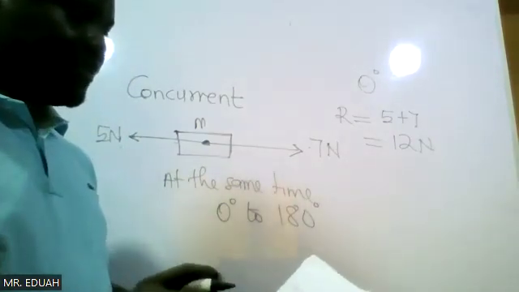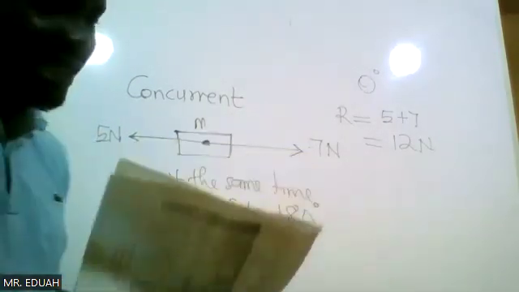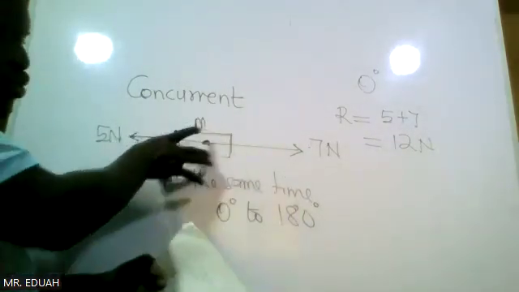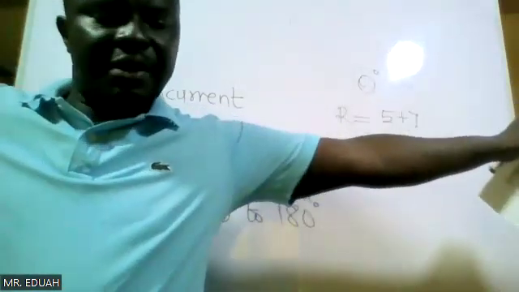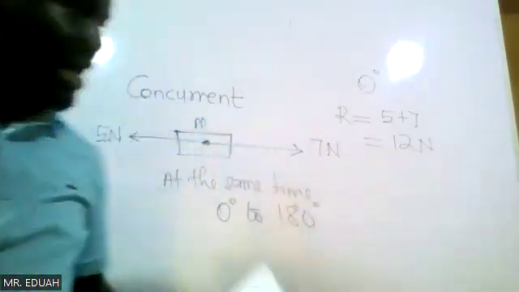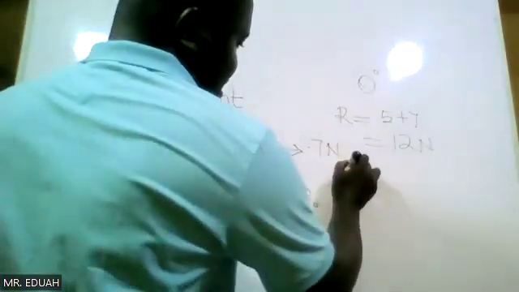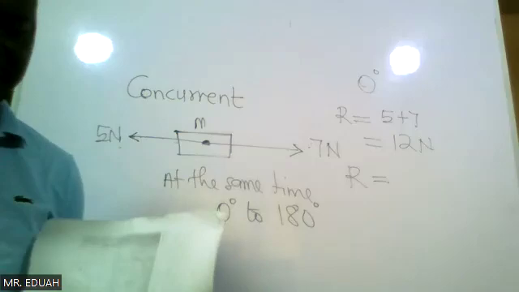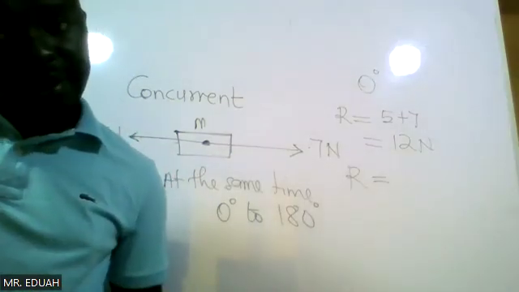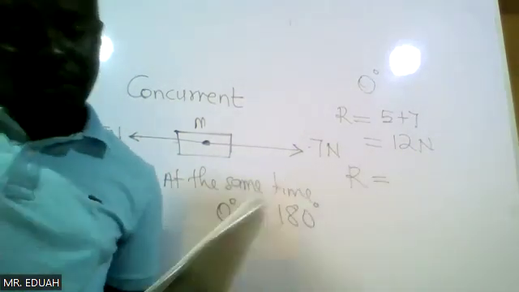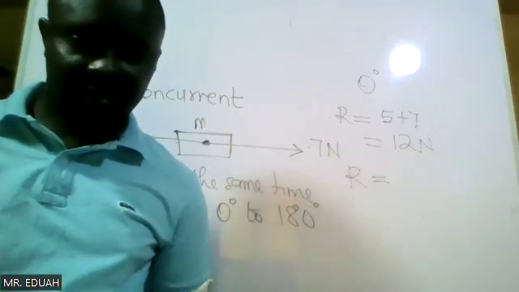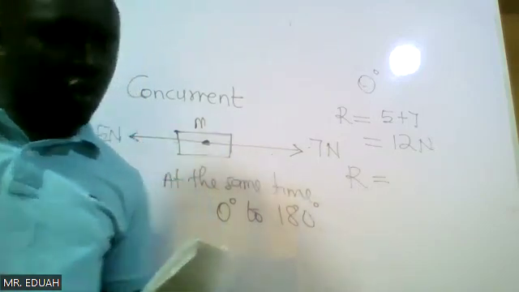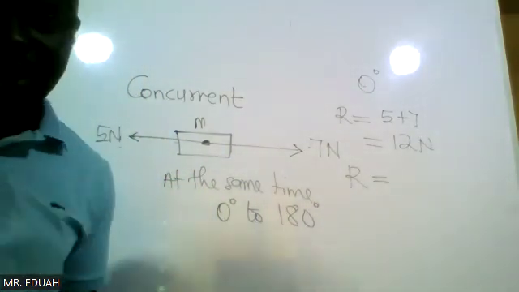Now, if they are 180 degrees apart, then the two forces are as drawn. They are oppositely directed to one another. In this case, how do we obtain the resultant? 7 minus 5, the difference between them.